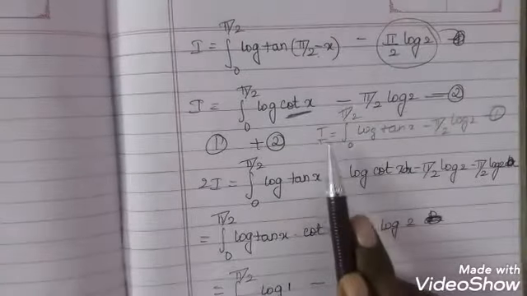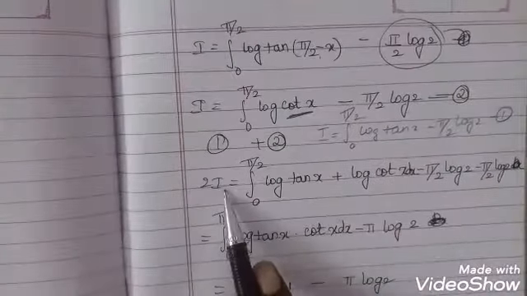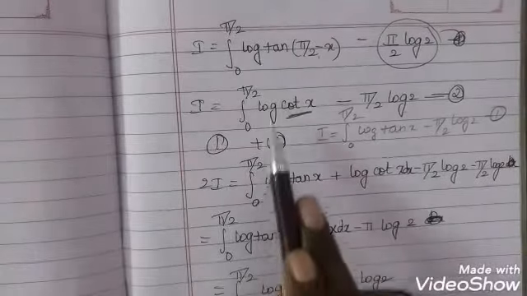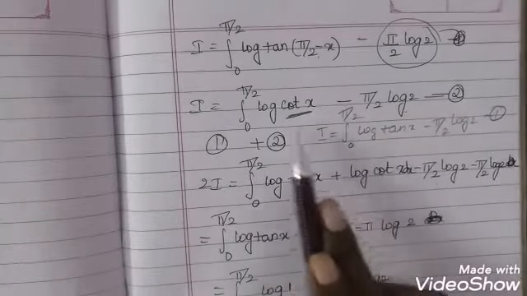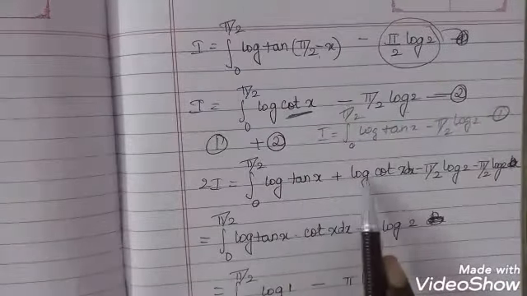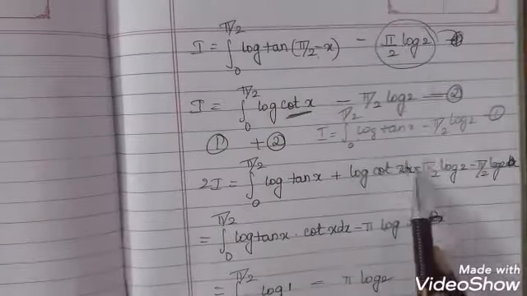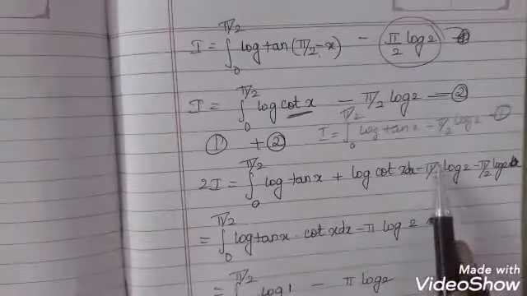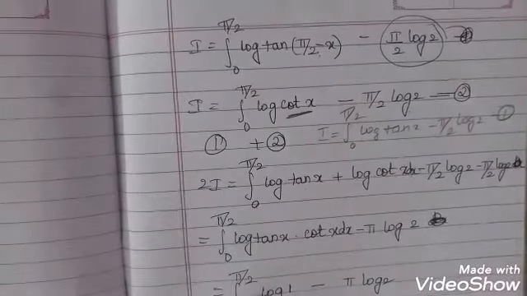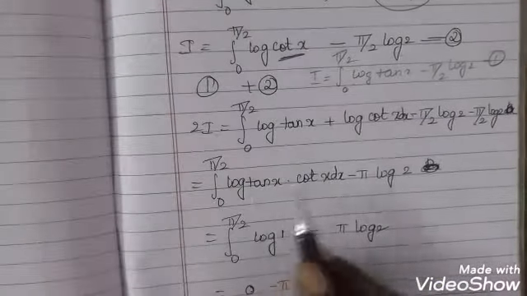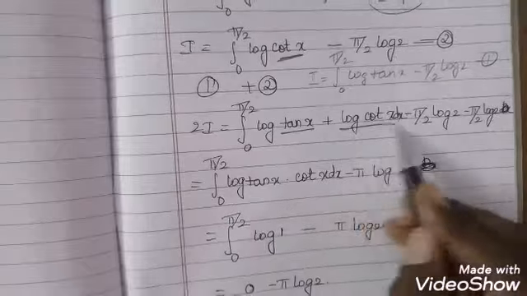When I add 1 and 2, I plus I gives me 2I, which is equal to the integral over 0 to pi by 2. Both have the same limits, so I can write it as log tan x plus log cot x dx, minus pi by 2 log 2 minus pi by 2 log 2. Got it? Now what's the formula you have here?